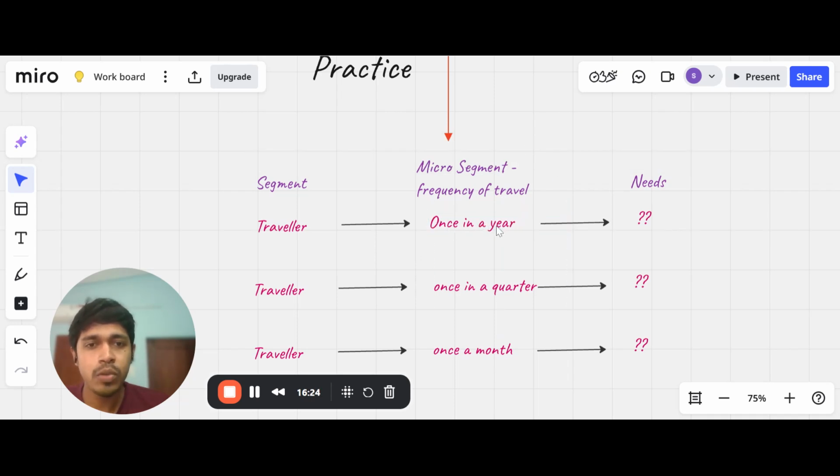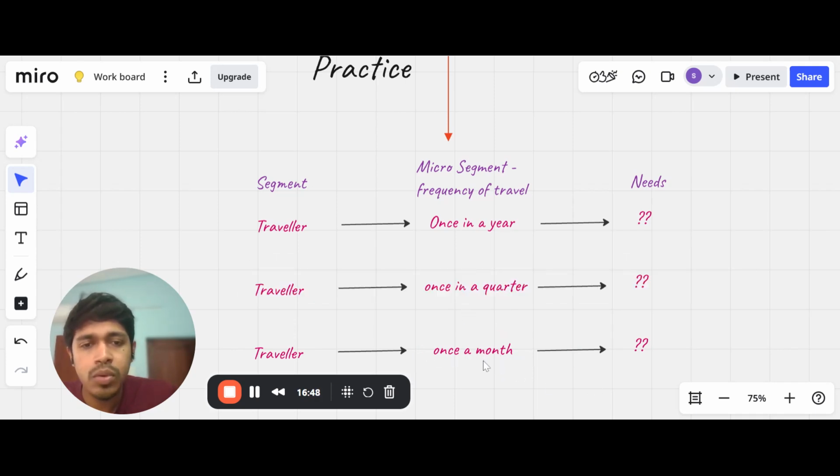I don't know, I'm just assuming, okay? And this traveler who travels once in a quarter, once in 3 months, he might be looking for mid budget, and he might be looking for something a bit casual as well. So, what are the needs this traveler is going to have?